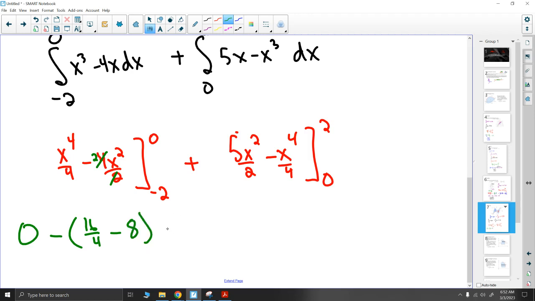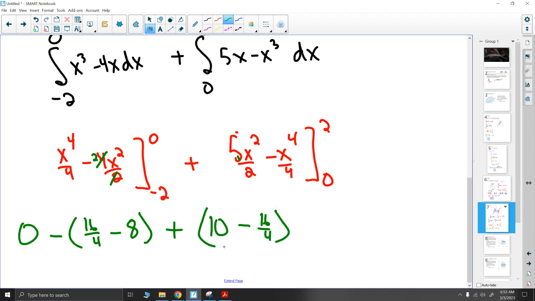All right, plus, now over here, plugging in 2, we have 4 divided by 2 is 2 times 5 is 10 minus 2 times 2 is 4 times 2 is 8 times 2 is 16 over 4.